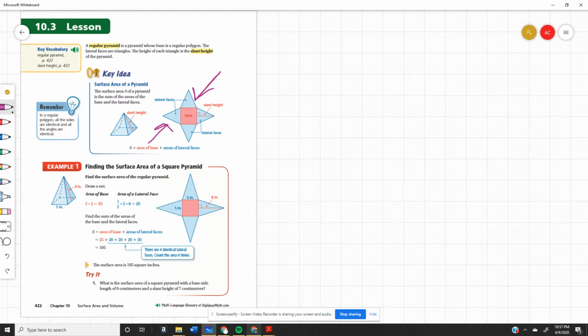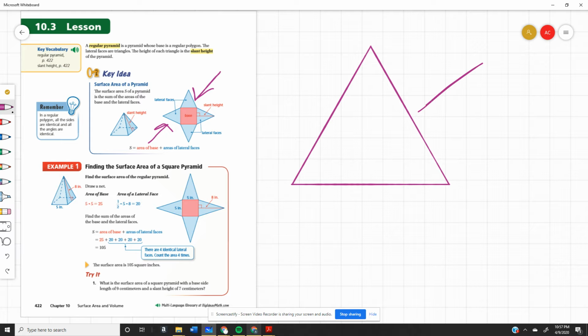The height of each triangle is the slant height. Now keep in mind that when we're talking about a triangle, this piece right here is not the height of the triangle. This is the side length, but it is not the height. The height of the triangle is from the base to the vertex, the peak.